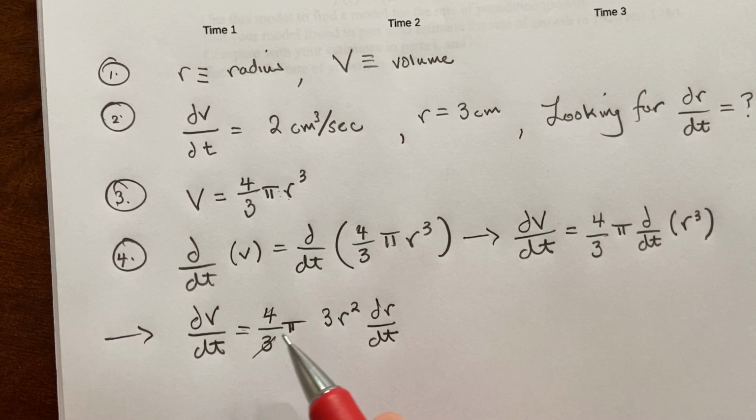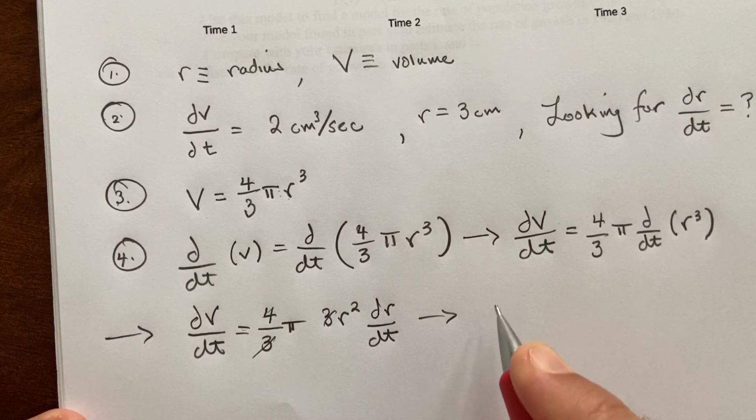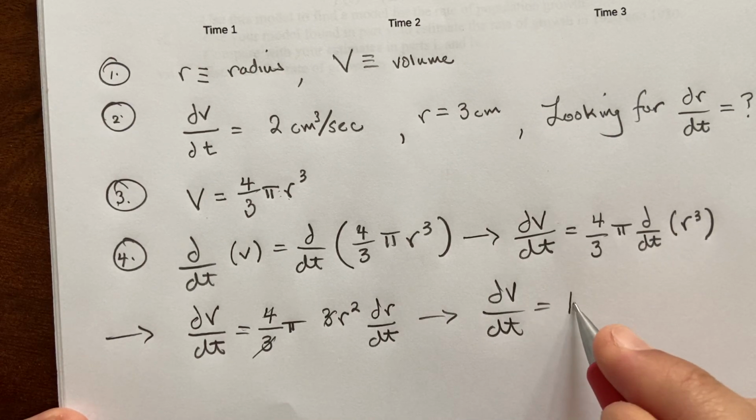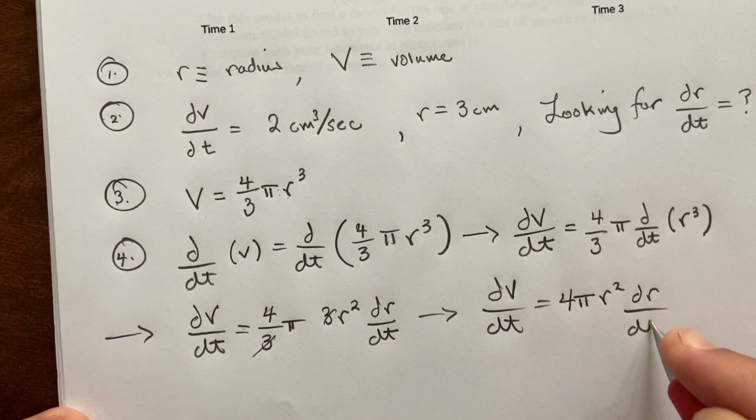Okay, so simplifying this derivative, we can write dV/dt equals 4 pi r squared dr/dt.